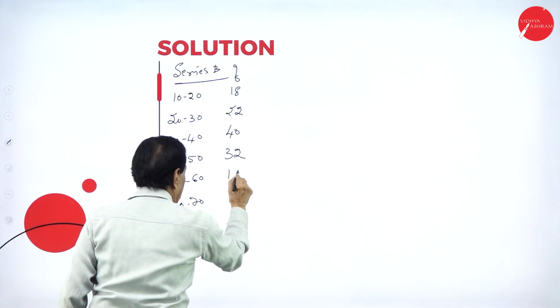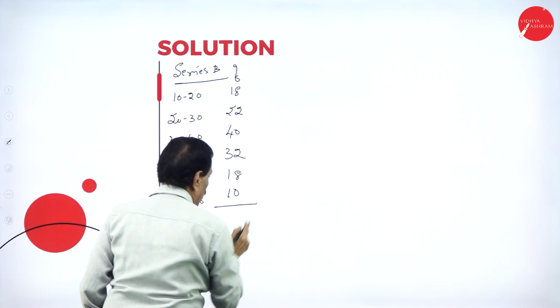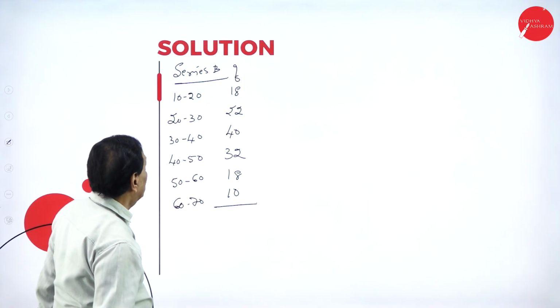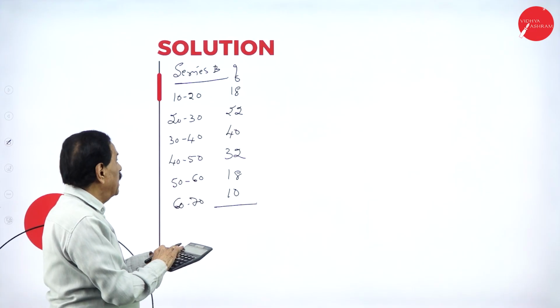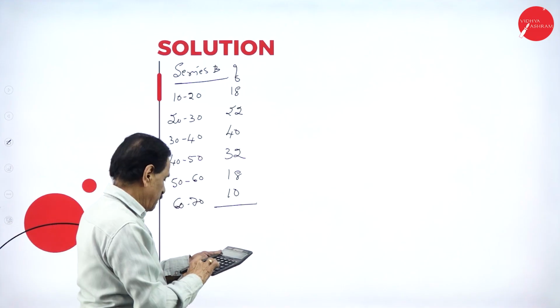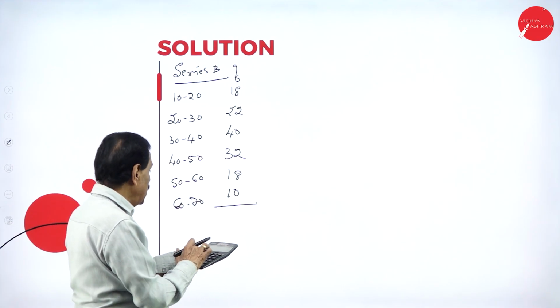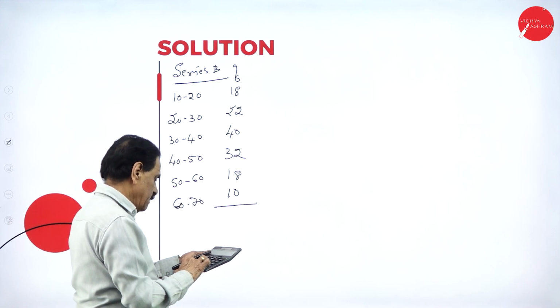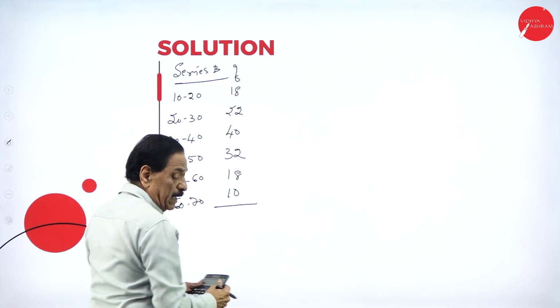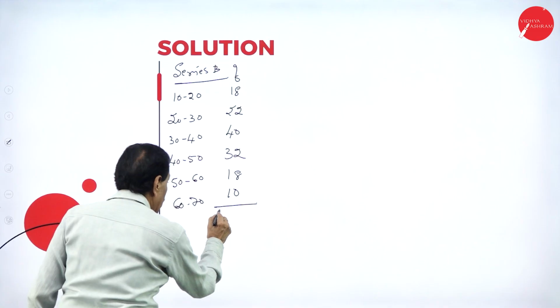What's the first step to do? Add the frequency: 18 plus 22 plus 40 plus 32 plus 18 plus 10 is 140. So, n is 140.